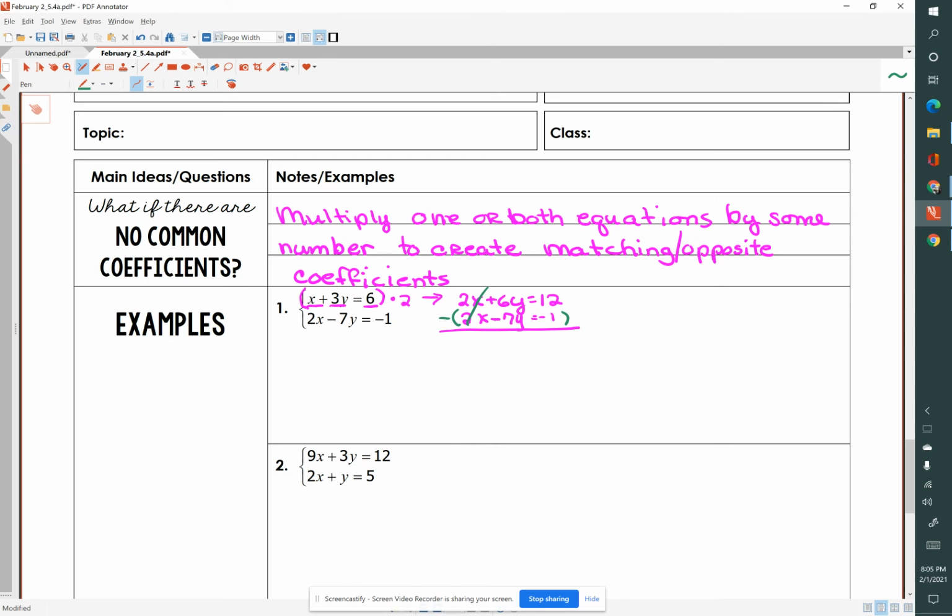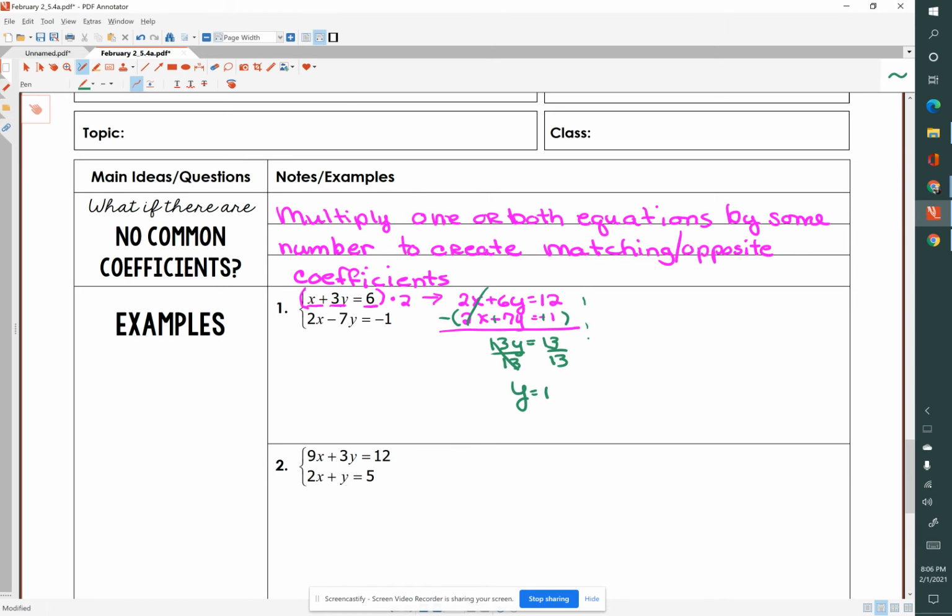And that eliminates the x's. Now remember, subtracting a negative is like adding a positive. So 6y minus -7y is adding 7 to give us 13y equals, same with this, it would be 12 plus 1, 13. And then when we divide both sides by 13, y equals 1.